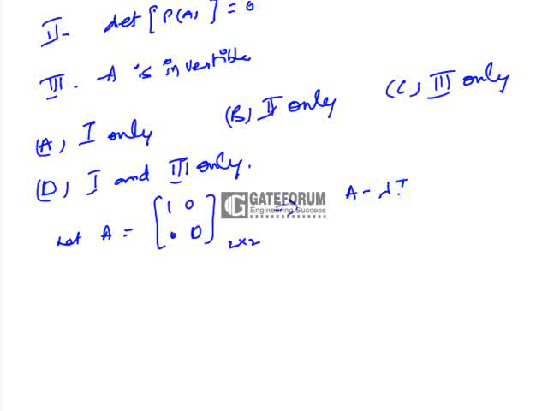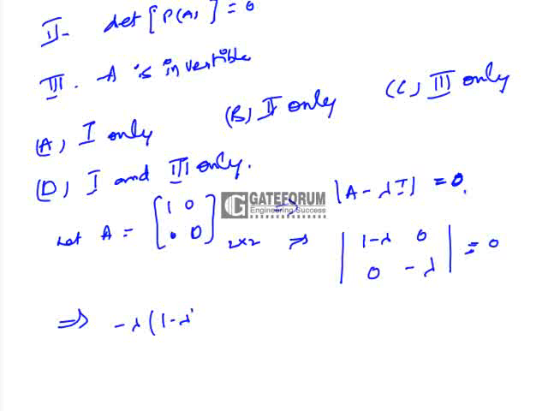For finding eigenvalues, we equate the determinant of A minus lambda I to 0. Determinant of [1 minus lambda, 0; 0, minus lambda] is equal to 0. If we solve this, minus lambda into 1 minus lambda is equal to 0. It implies lambda is equal to 0 comma 1.